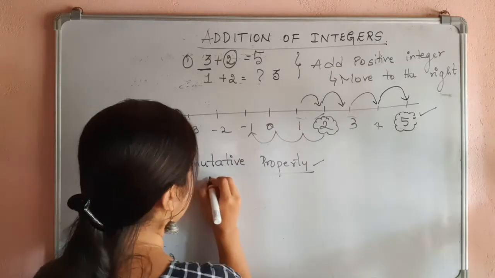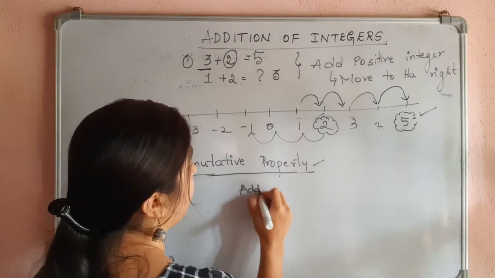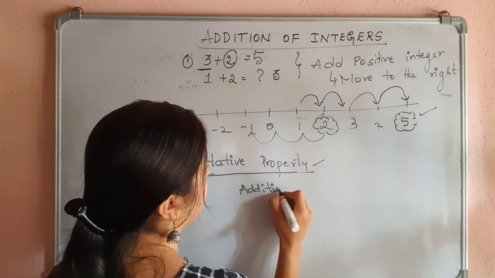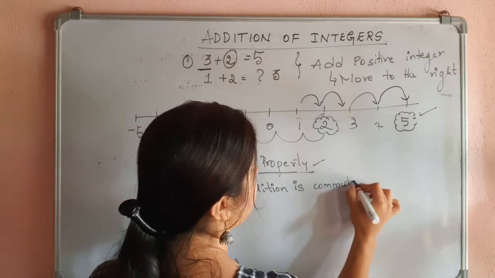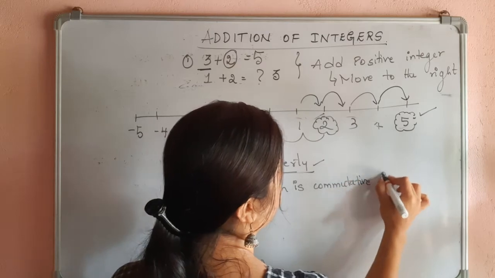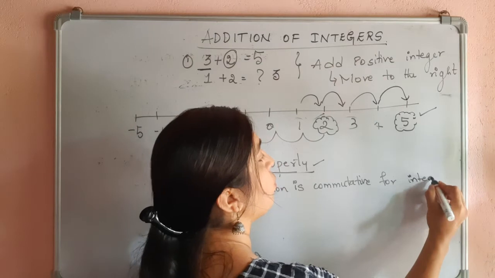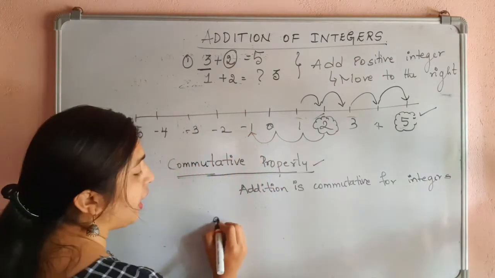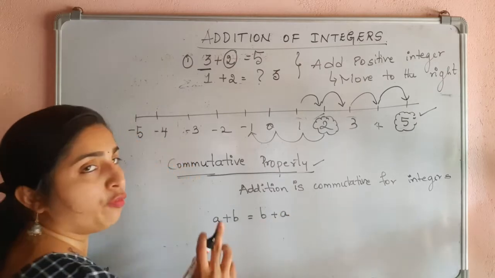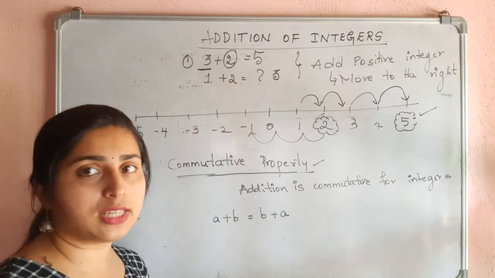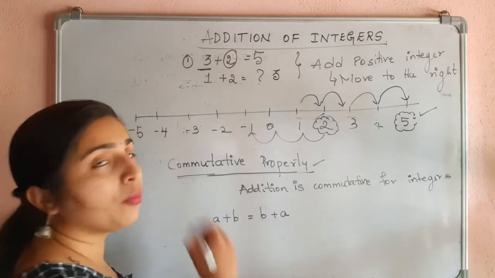So we can say addition is commutative for integers, same as whole numbers. If I consider A plus B, that is equal to B plus A. If A and B are integers in general, then A plus B is equal to B plus A. This is the commutative property.